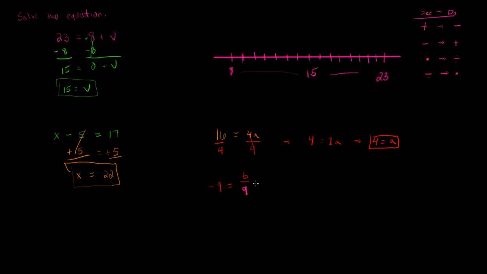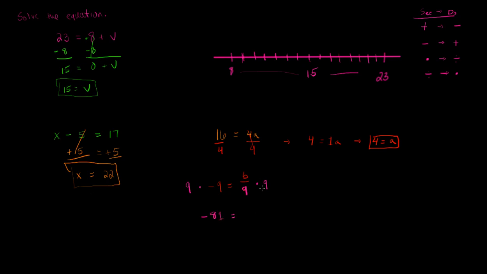Well, b is being divided by 9, so I'm going to have to multiply by 9 on both sides. Okay. And if we rewrite this, we have 9 times -9, a negative times a positive gives us a negative, and 9 times 9 gives us 81.